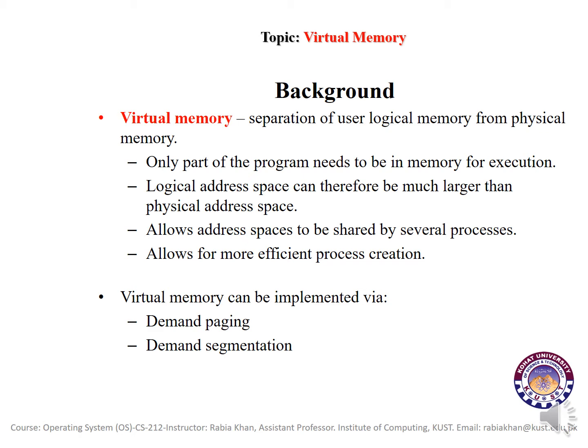RAM is known as physical memory, while virtual memory is known as logical memory. Since virtual memory is part of secondary storage, it has larger storage space as compared to physical memory, which is RAM.